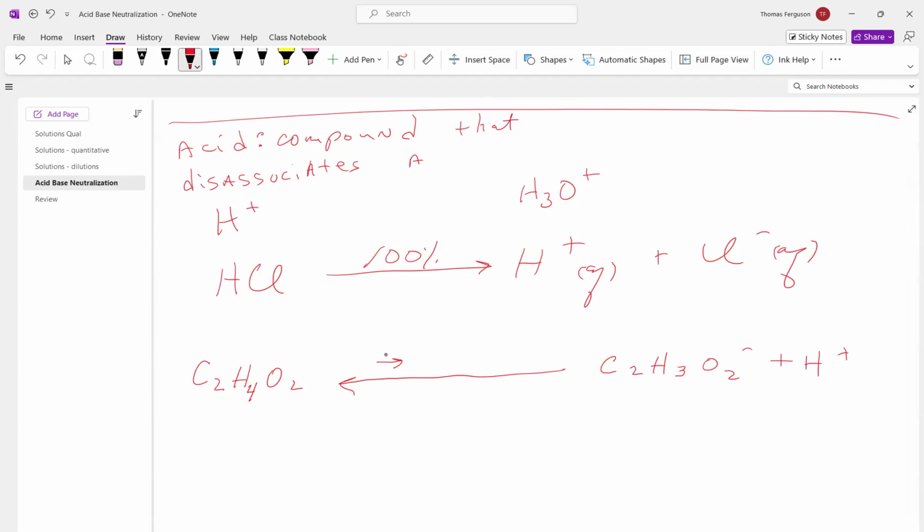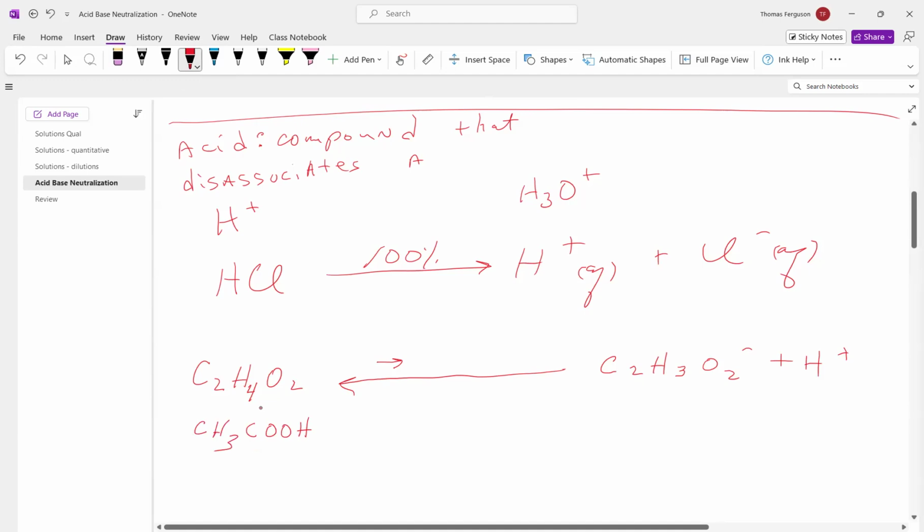Now, normally weak acids are not written like that. Normally, weak acids are written like that.